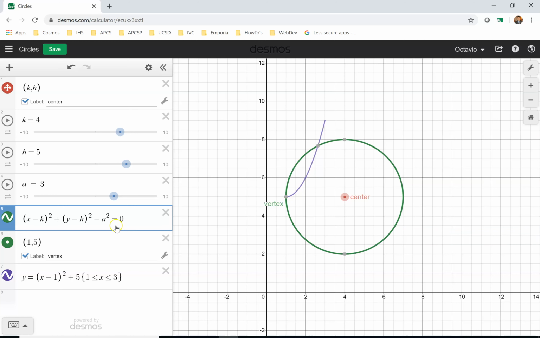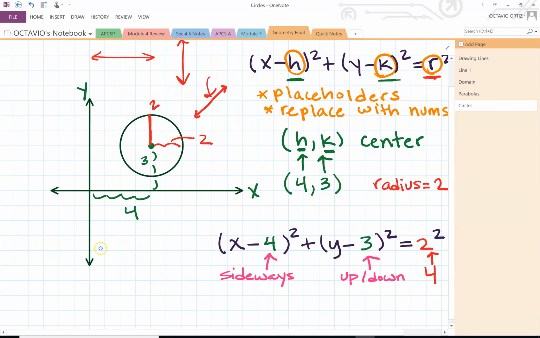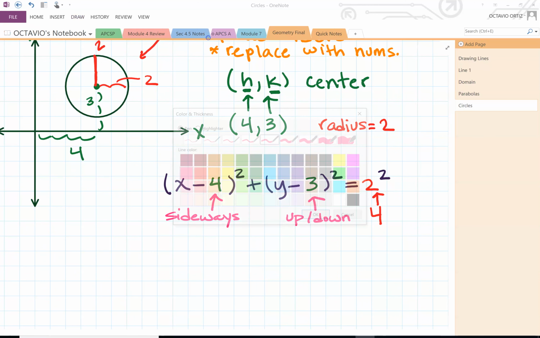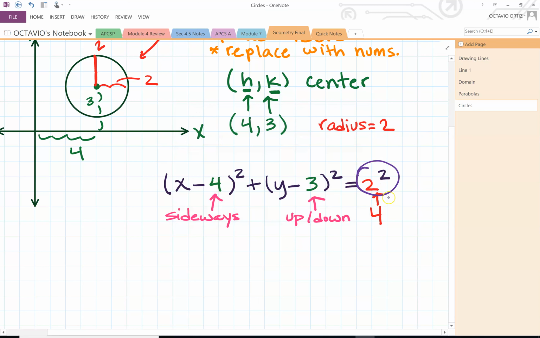Okay, that works. All I did here is I subtracted the a squared to the left side of the equal sign, which can always be done in equations. So if you have this equation here, I'm going to move this term to the left side, and I do that by subtracting.